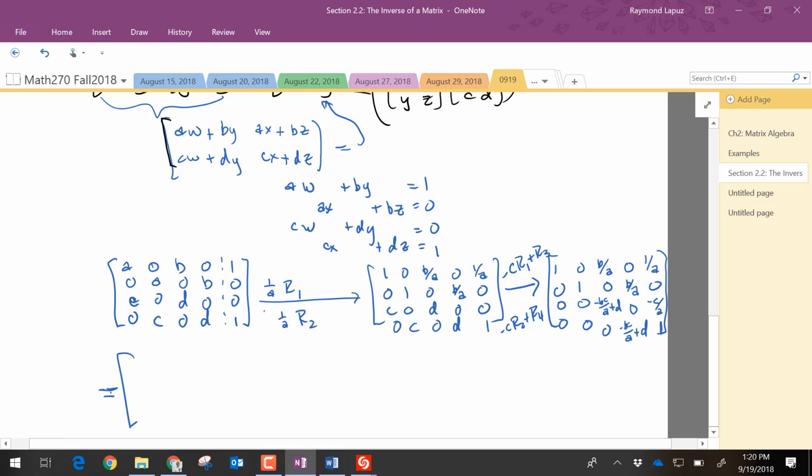Maybe we can rewrite this as minus BC over A plus D. Common denominators, A over A. So minus BC plus AD over A.